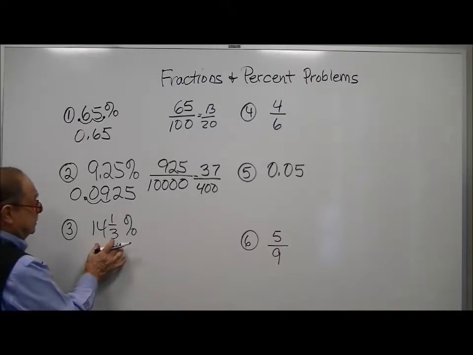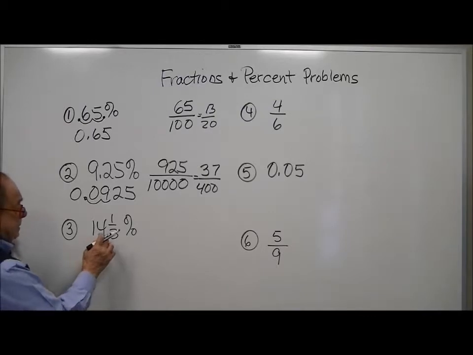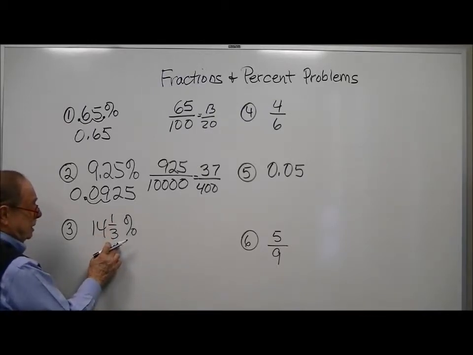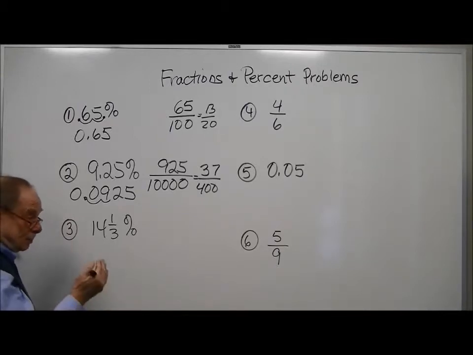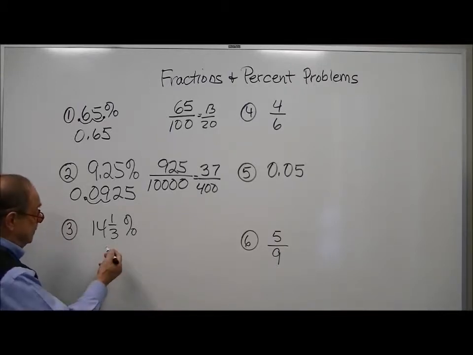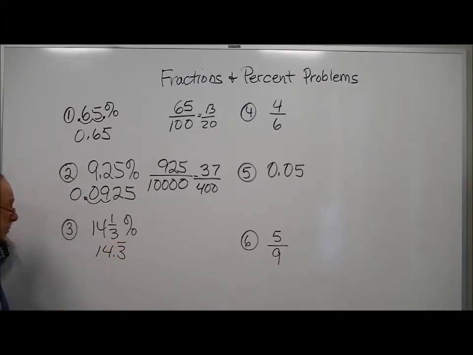Now, this one's a little tricky because the 1/3 we know is going to be a repeating fraction, 0.333. So we can think of this as 14.3 with a bar over it.